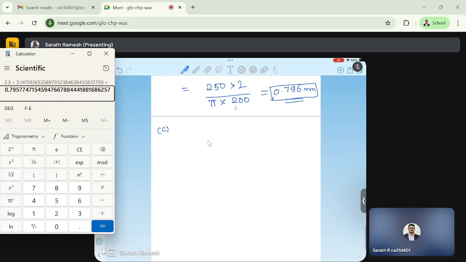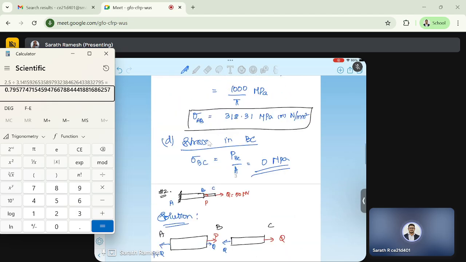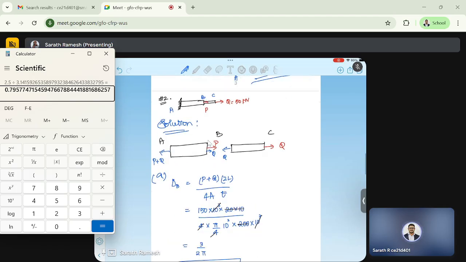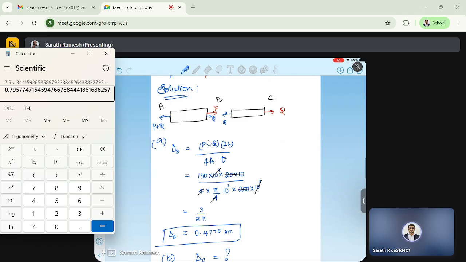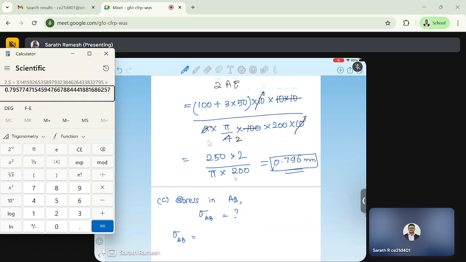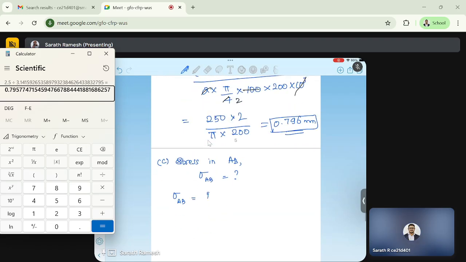Subdivision number C, stresses in AB, which is sigma AB. So sigma AB is equal to force in AB into length of AB divided by area of AB divided into E of AB. So force in AB is P plus Q. Sorry, sigma is nothing but stress, right? So stress is force divided by simply area. Area is 4A.